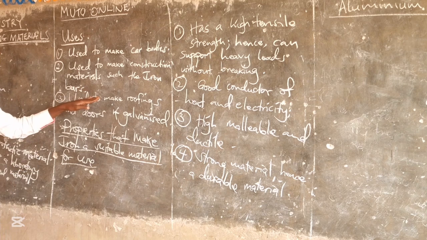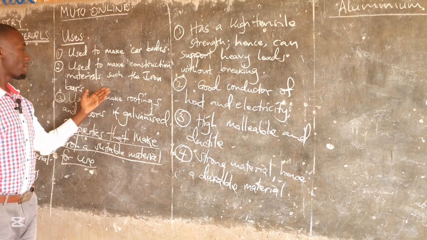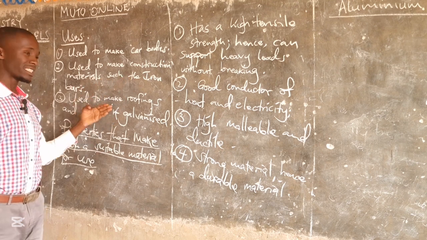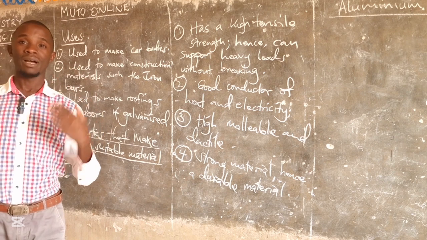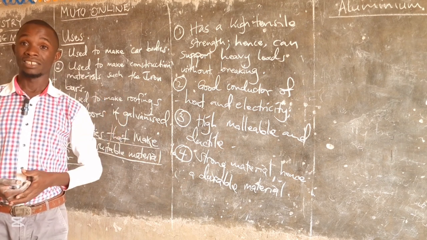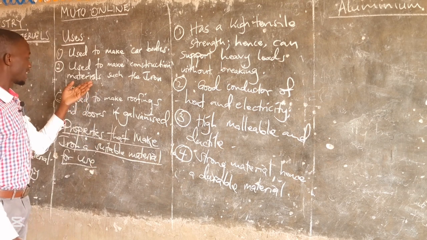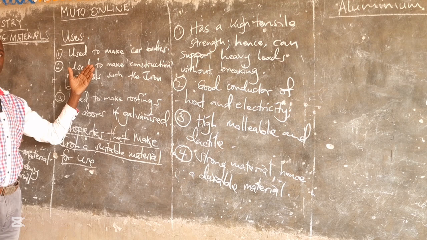For example, in construction companies, iron is used to make materials such as iron bars that are used to reinforce concrete to produce strong structures. So you connect the work very well to the scenario.